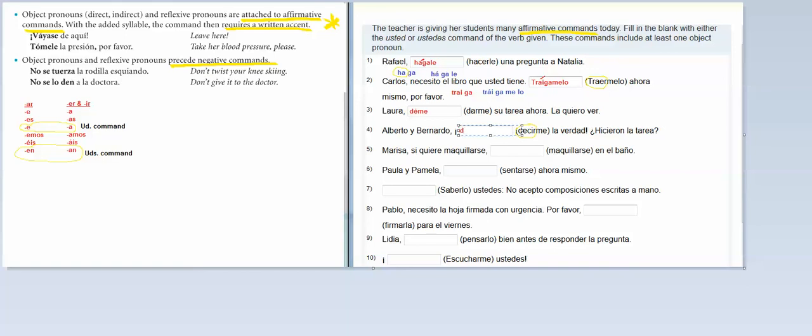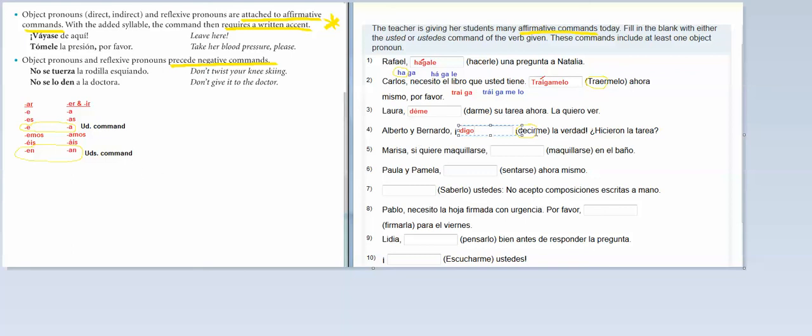Now that I'm telling multiple people to do something, I need an ustedes command. Up here I'm telling Rafael, here Carlos, here Laura, but here I'm telling Alberto y Bernardo. So I'm telling 2 people to do something.